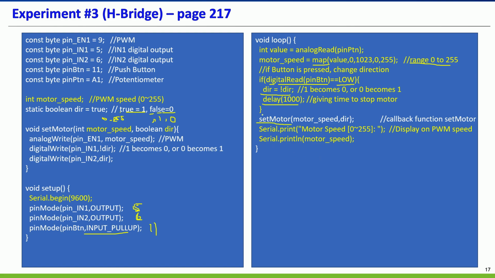And then you set the motor to run continuously depending on the value of the potentiometer and also the direction. And then this just prints on the serial monitor the motor speed PWM, this motor speed variable.